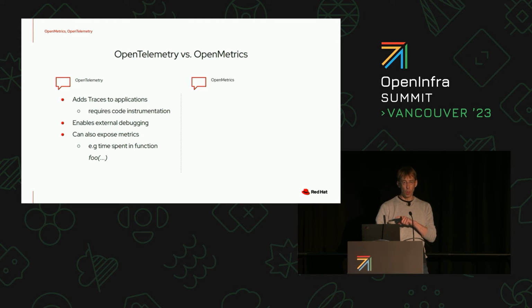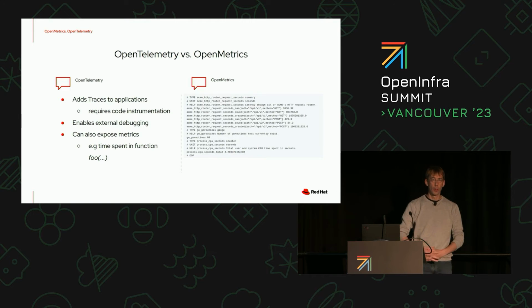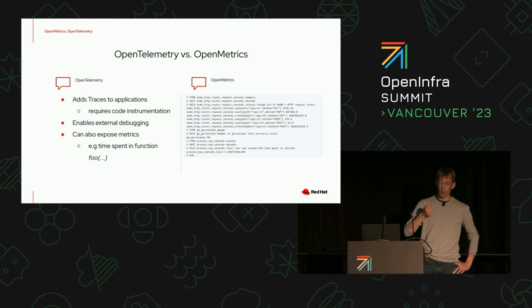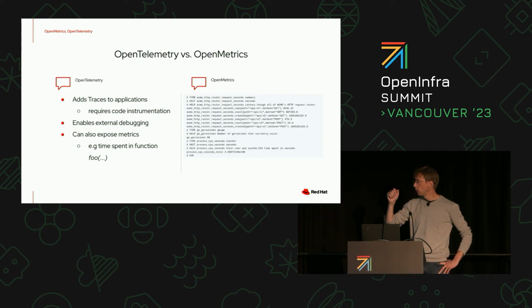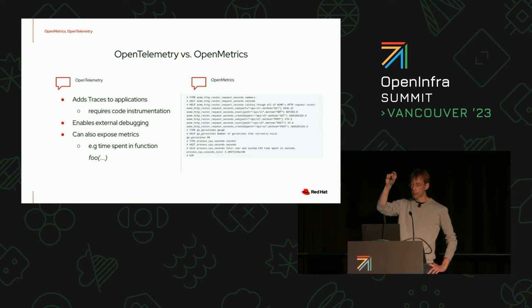If we go to OpenMetrics, that could allow us to trace more, like how much memory is used by the user with the UUID, blah, blah, blah. How many volumes do they have? So if you look at the right-hand side, and I don't know if it's really readable or not, but actually it doesn't really matter. It tells the name of the metric, and then it gives you additional labels.